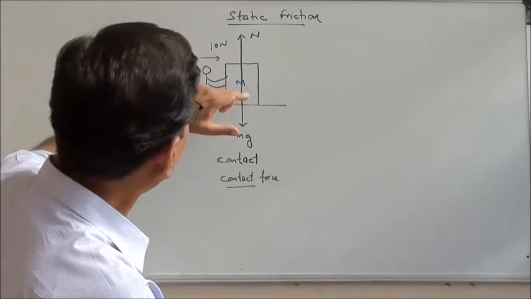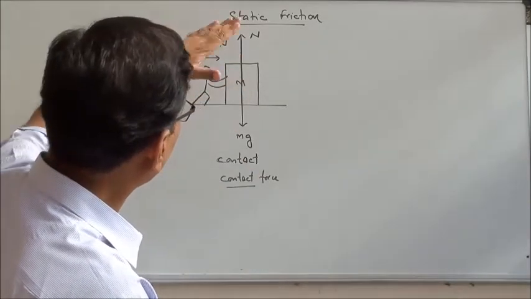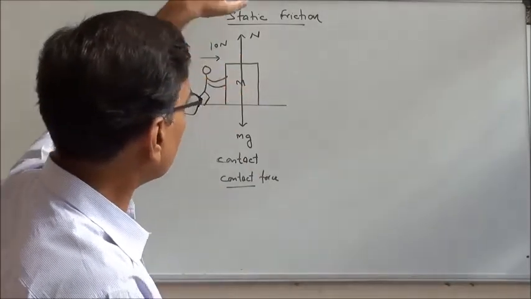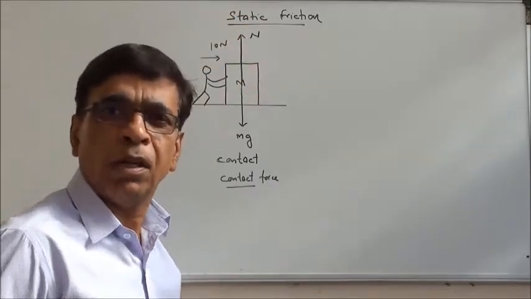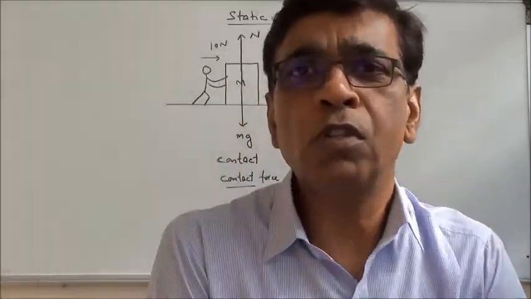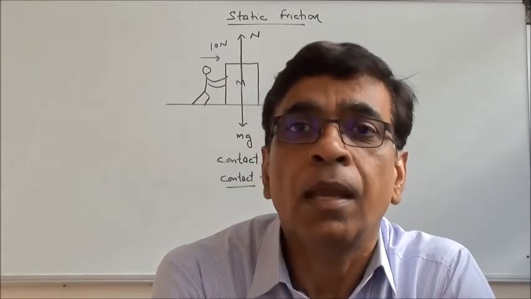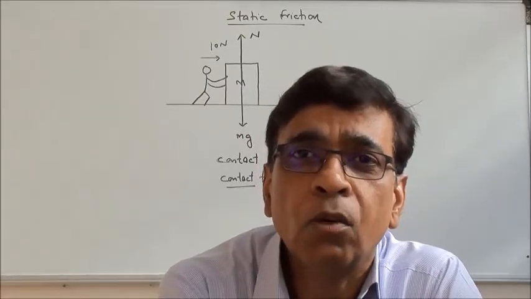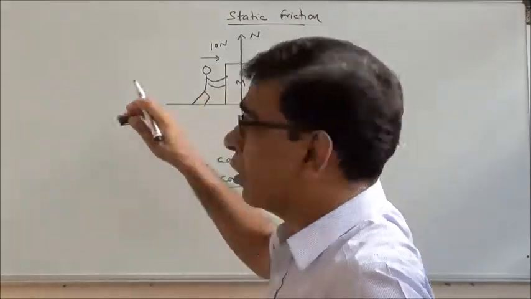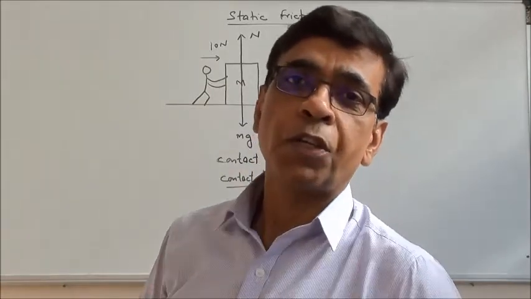So the contact force may be, say, at this particular angle. So one component will be parallel to the surface, another will be perpendicular. So perpendicular component of the contact force, we call it normal reaction. And the contact force which is along the surface is called frictional force.